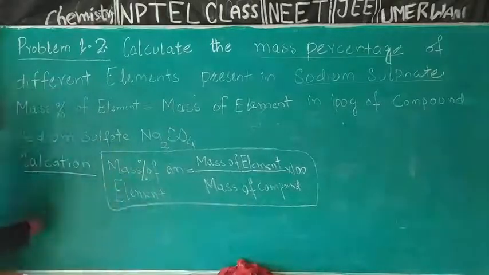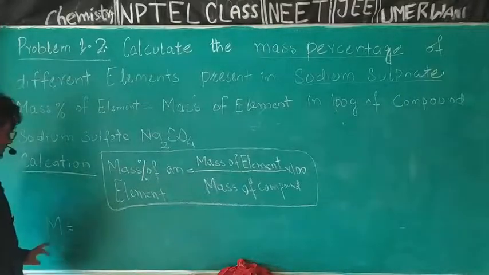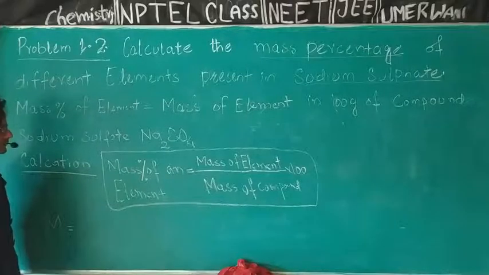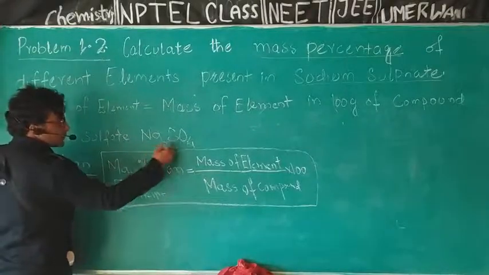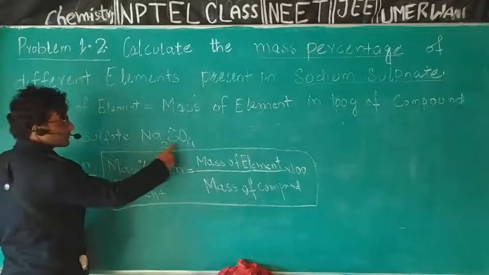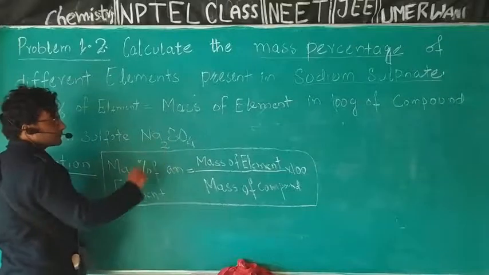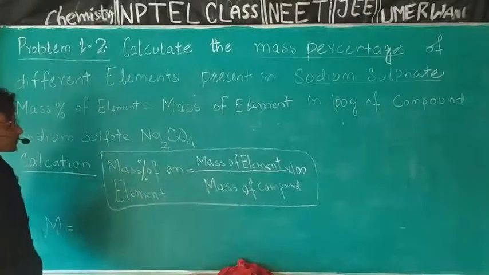So first I will calculate the molar mass of this compound, and molar mass is represented by capital M. Wherever you find capital M written, it is molar mass in this chapter. One more piece of information is that it is an ionic compound consisting of sodium cation and sulfate anion, so its molar mass will be equal to its gram formula mass.